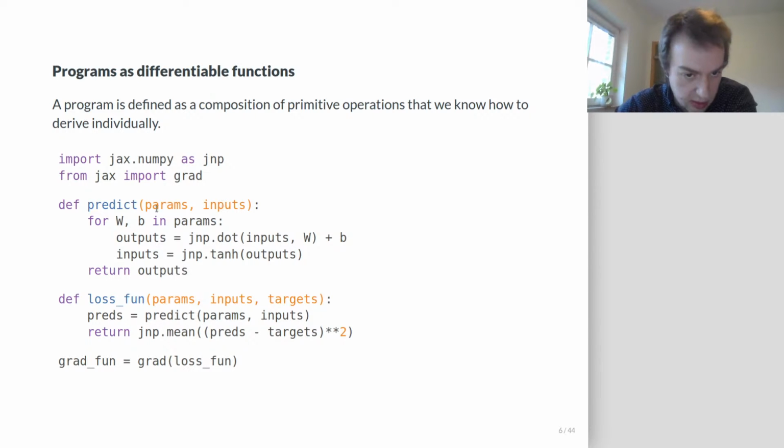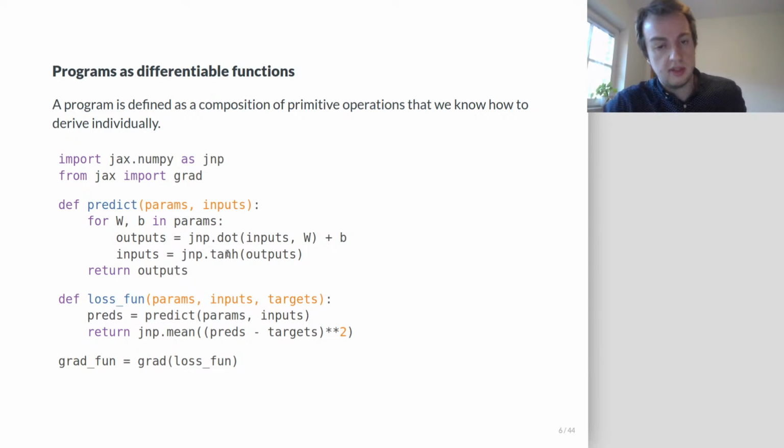And then, assuming, for example, these params is yielding pairs of W and B for the matrix and the offset, then by just looping over this value, so that would mean looping over the layers from the start to the end of the network, what we can compute is the intermediate activation of the layers. So you just take the dot product of the inputs with W plus B, and then you pass these intermediate values through an activation function like the hyperbolic tangent.